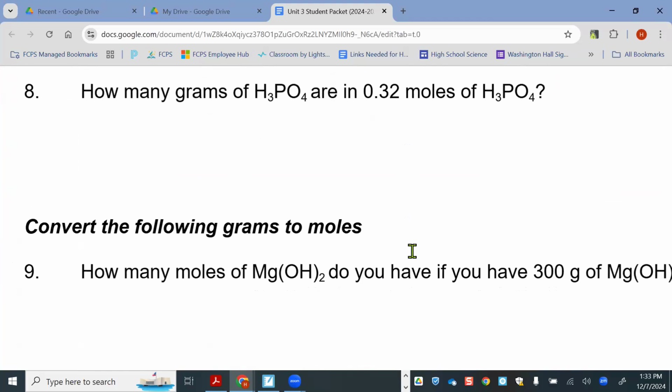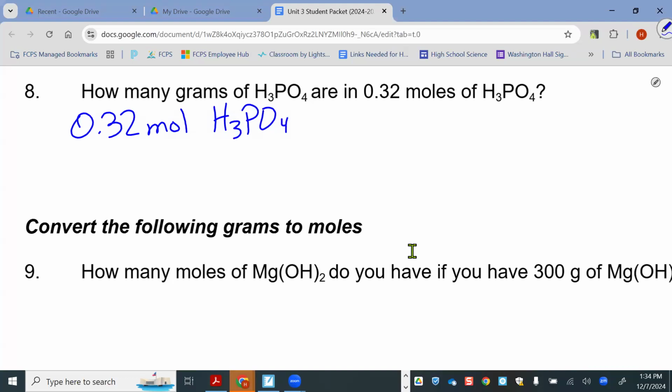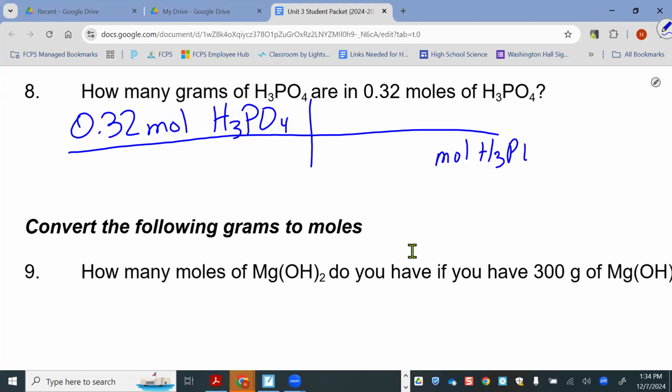So I want to figure out how many grams are in 0.32 moles of phosphoric acid, H3PO4. So as in the past, 0.32 moles H3PO4. My railroad tracks. I have moles H3PO4 in the top left, moles H3PO4 needs to go in the bottom right. I'm converting to moles, so no, I'm converting to grams.